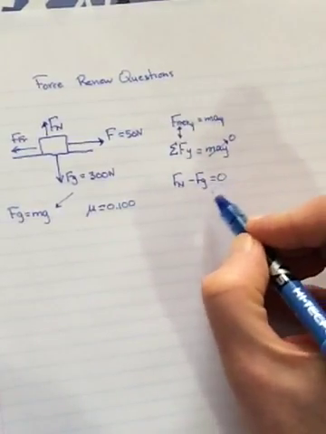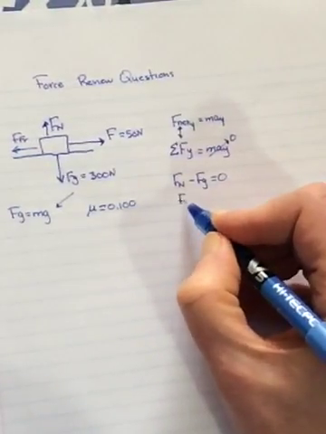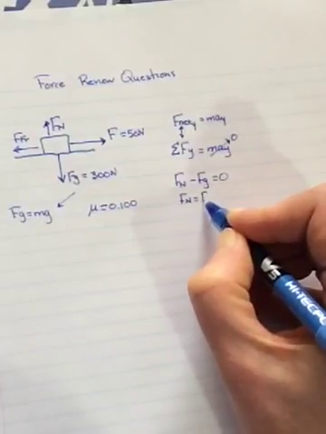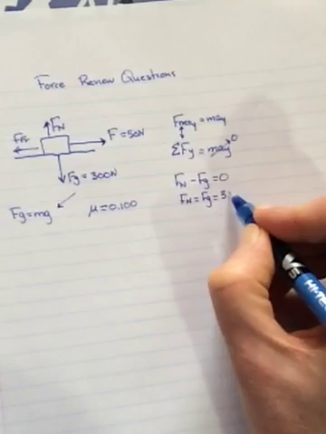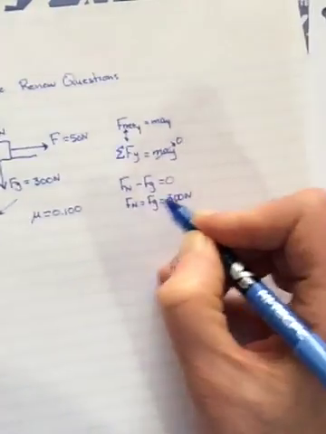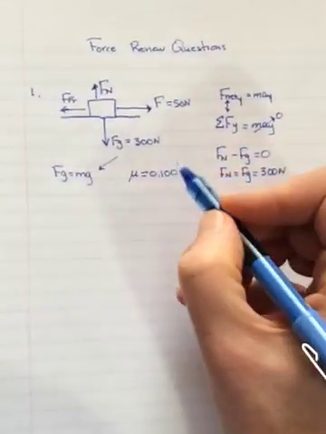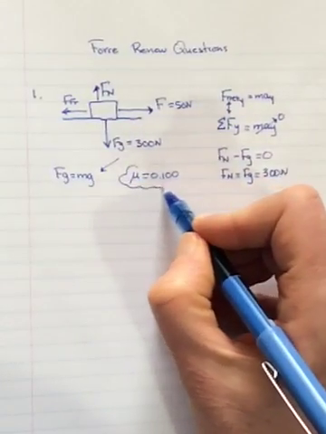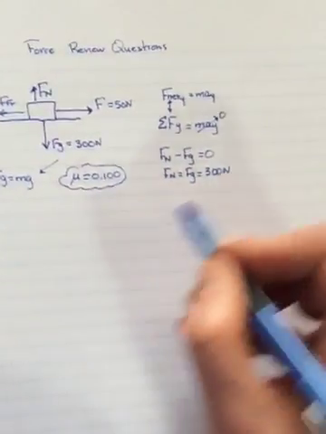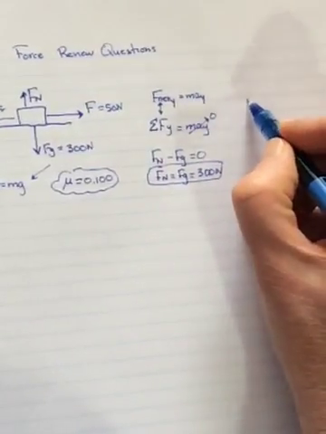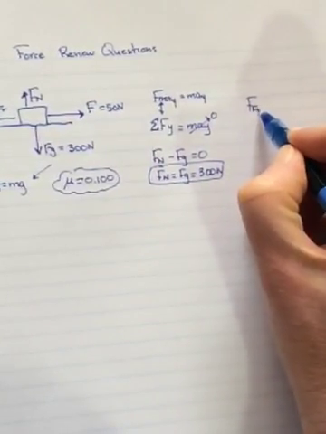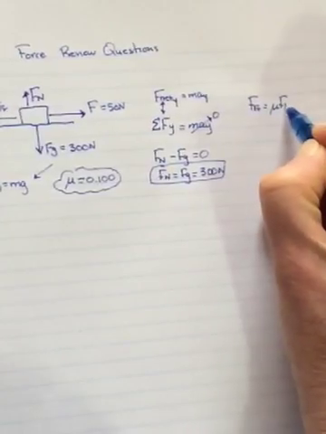So Fn minus Fg must equal 0. That means Fn must equal Fg. And we were given Fg. So Fn equals Fg equals 300 newtons. Then, because you were given the coefficient of friction, from Fn and the coefficient of friction, you can use the friction equation to find what friction is.